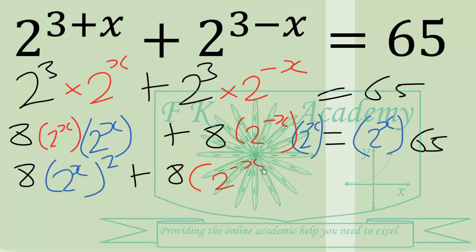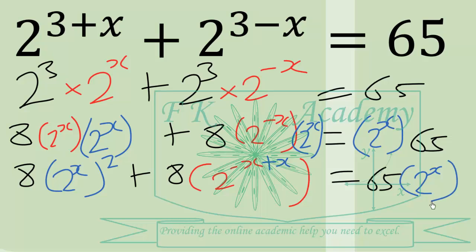then we are going to add another x here, because they are multiplying, so we add the exponent. Then on the other side we obtain 65 times 2^x.